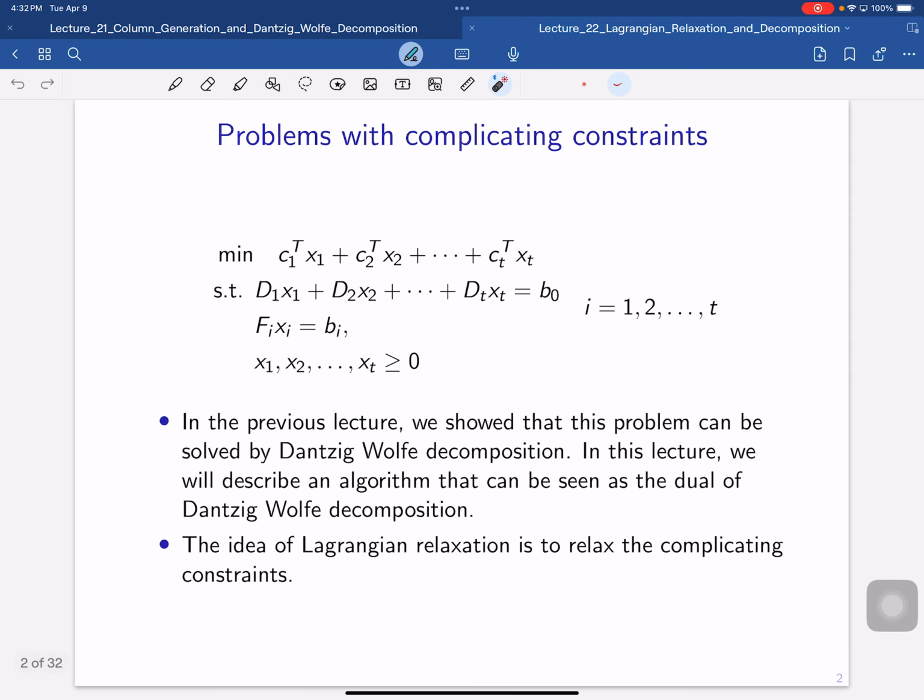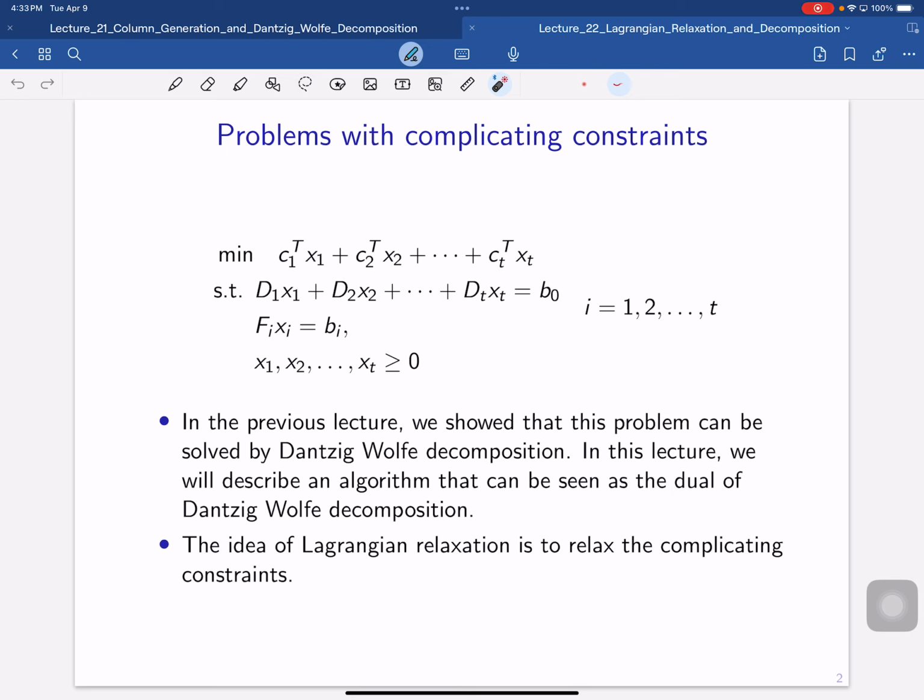Recall this is a problem with complicating constraints. Let's assume you have a number of different variables, x1 all the way to xT. All those blocks are decomposable except this single complicating constraint here. In the previous lecture, we showed that this problem can be solved by Dantzig-Wolfe decomposition.